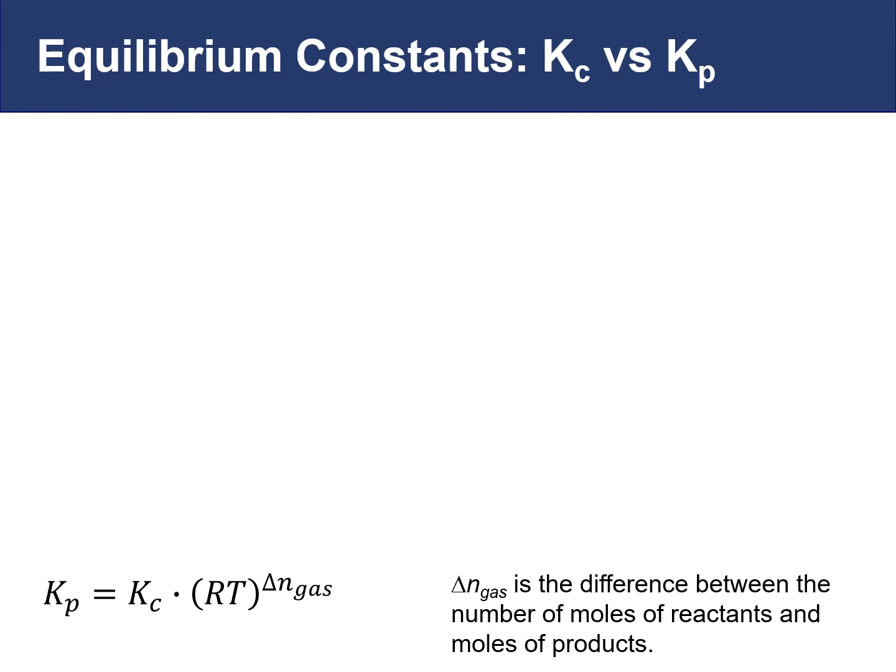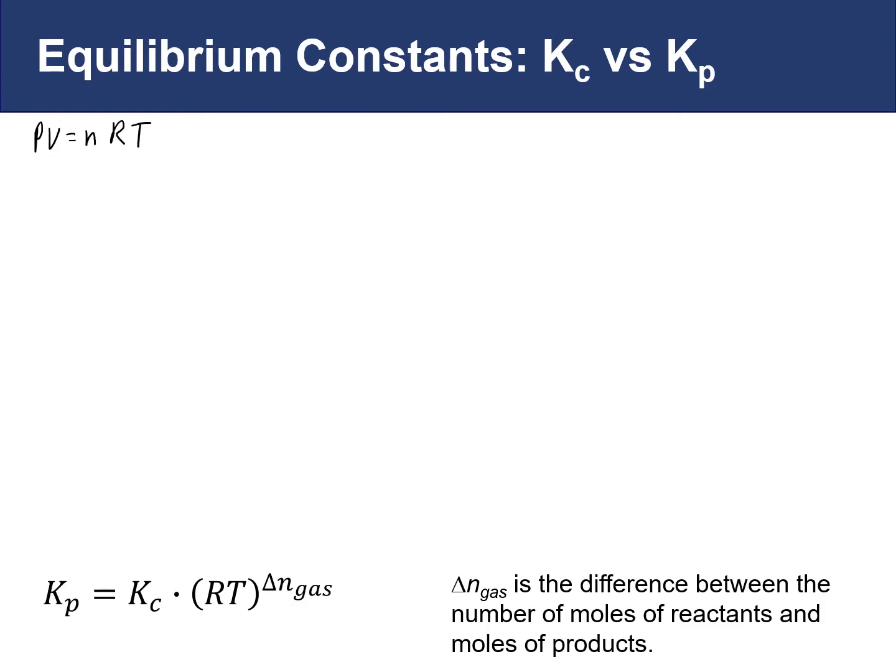We can actually convert between Kc and Kp, and it involves doing a conversion between pressure and concentration. We do this by using our ideal gas equation, PV equals nRT. Now, there's a couple different ways of expressing this.